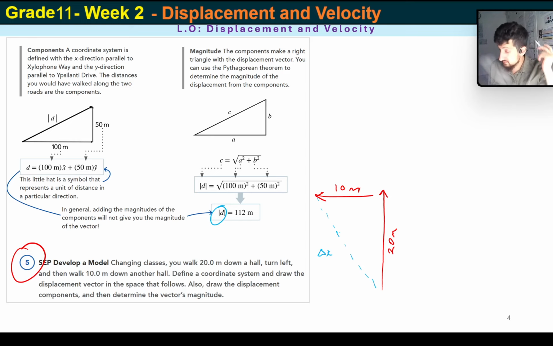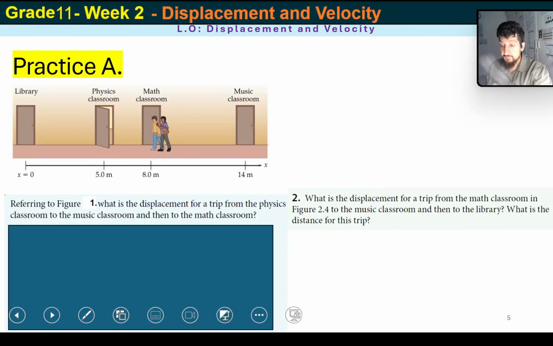So the square root of 500, which is somewhere around 22 maybe. Square root of 500, which is 22.4. Okay, so that's what we're looking at for this answer here, 22.4 meters. Okay, let's keep going.